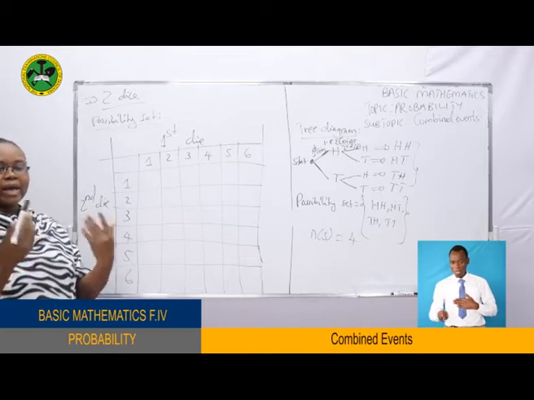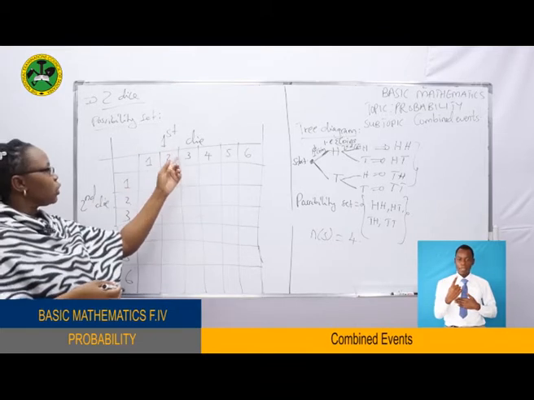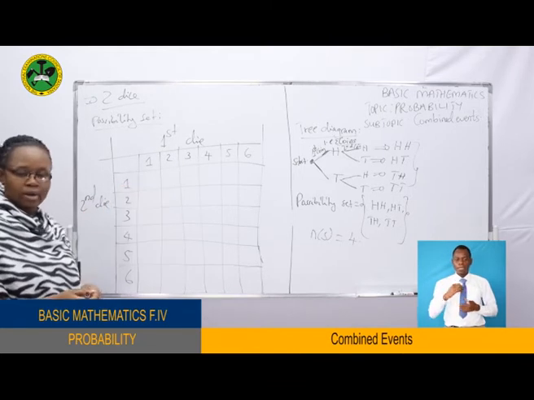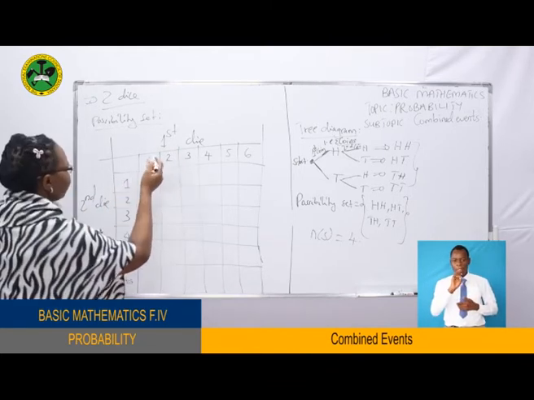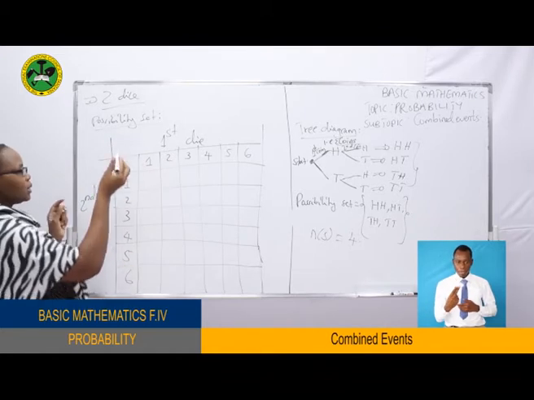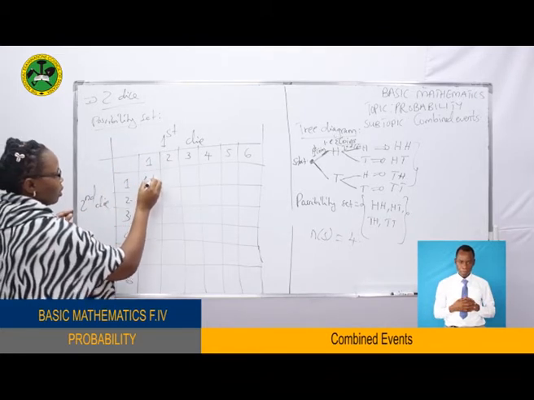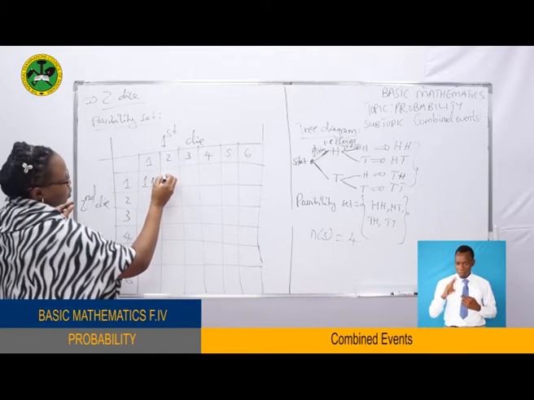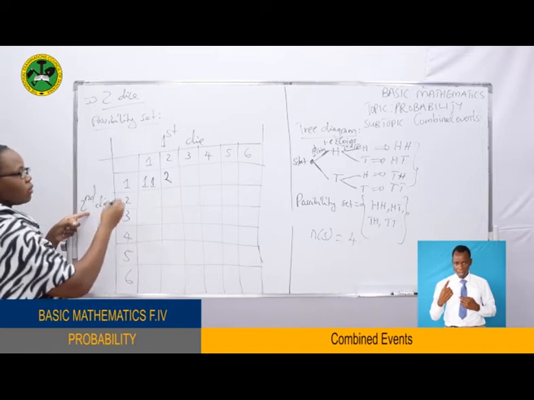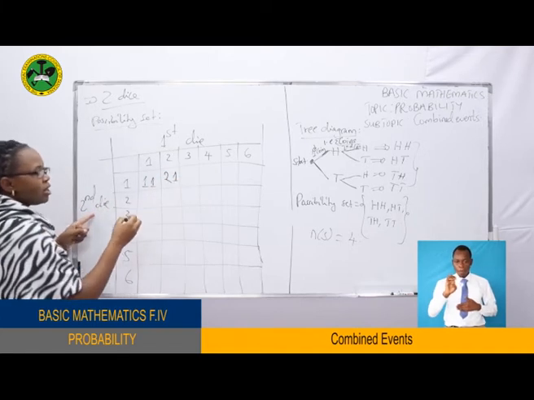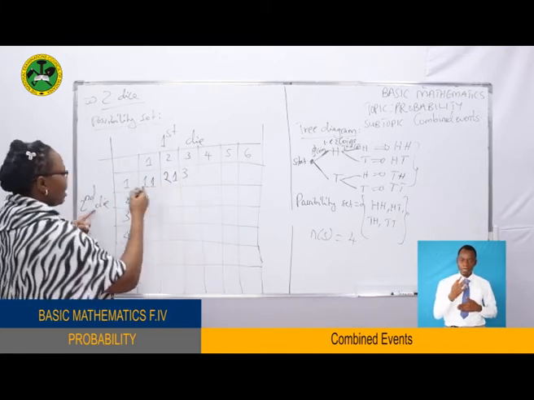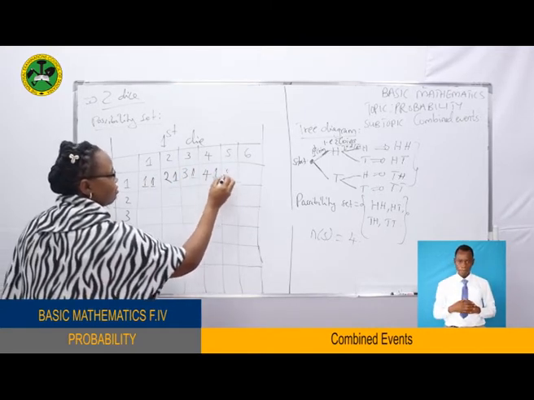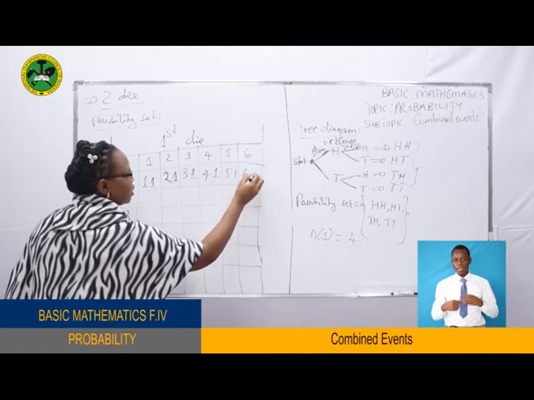But when you roll again, the first die may show 2, but the second one may still show 1. The first may show 3, but this one may still show 1, then 4, 1, 5, 1, and 6, 1.